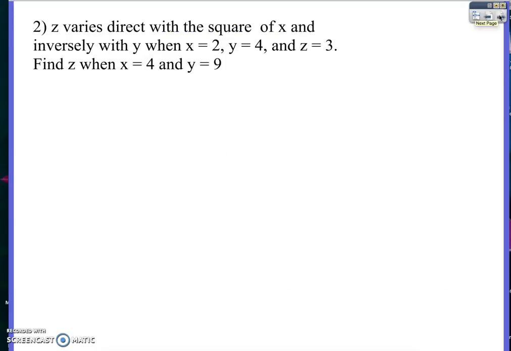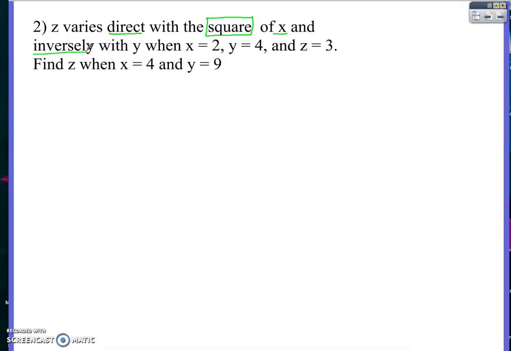Second example is z varies directly with the square of x and inversely with y. When x is equal to 2, y is equal to 4, and z is equal to 3. Find z when x is 4 and y is 9. So we know that it varies directly with x, but realize we have the square of x.